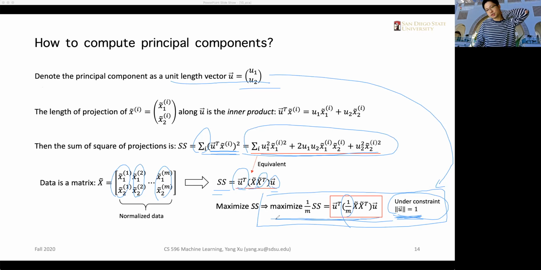So we can use the Lagrangian multiplier to solve this constrained optimization problem. I will leave the remaining part to the next lecture, and we will see how PCA can be solved by conducting Lagrangian optimization techniques.